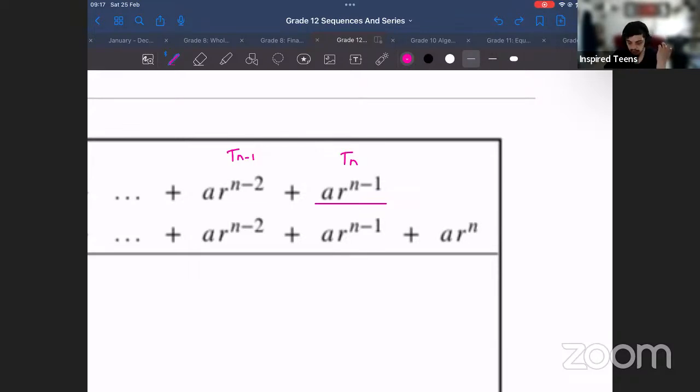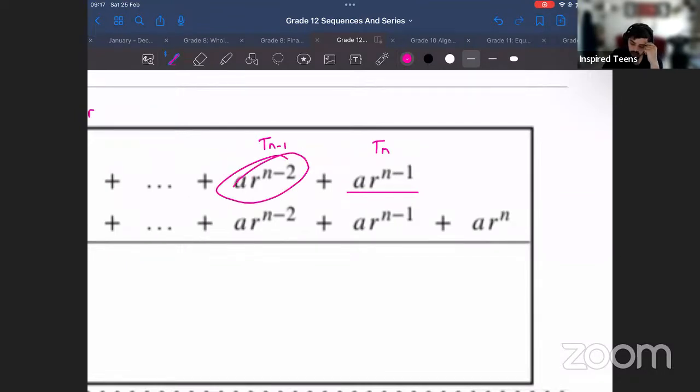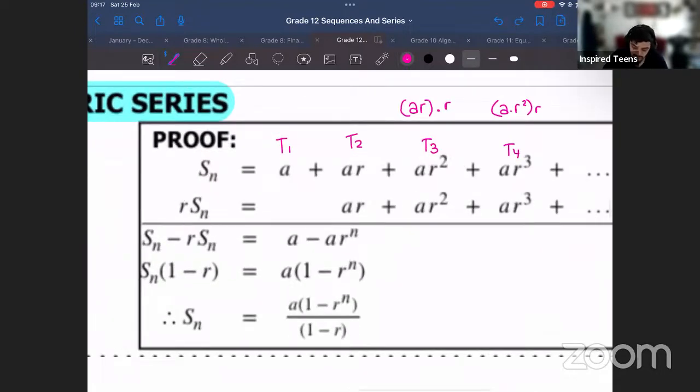So A times R to the n minus 2. Thereafter, we multiply R by Sn. You don't need to know why, you just need to know that that's how they proved it. We are not here to prove the geometric series, we're just here to learn it and write it in the exam if they ask.